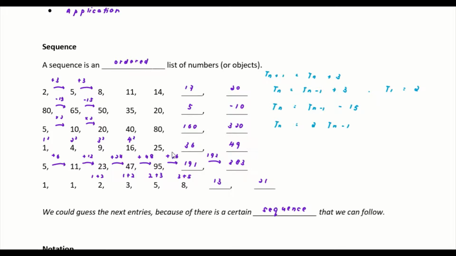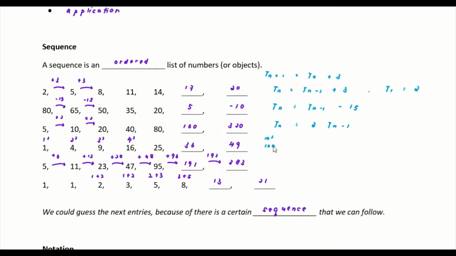You can imagine, if I want to find the 10th term, I actually don't need to know the 9th term, because at the first place it's 1 square, then 2 square, 3 square, 4 square. So how do you get 16? It has no relationship with the 9 previously. You are not adding or multiplying with the 9. If you were to find the 10th place, you are just doing 10 square, then 100.